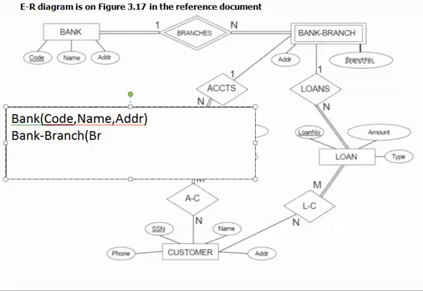The partial key is branch number, together with bank code. Bank code is the key, so bank code by itself is a foreign key, and these two together are the primary key. And then we don't get anything else but the address. Okay, so we got two so far.